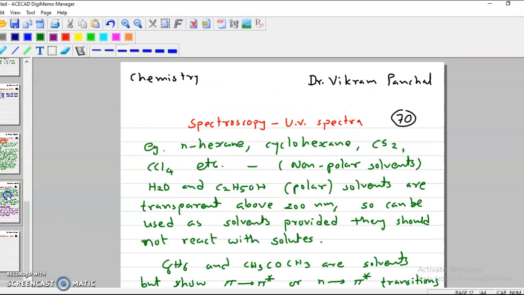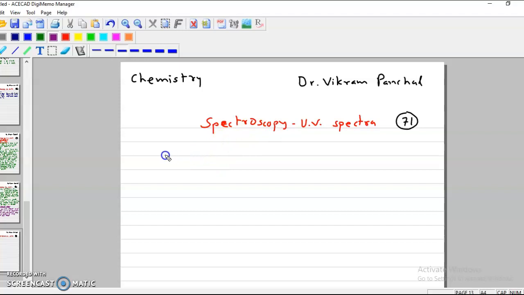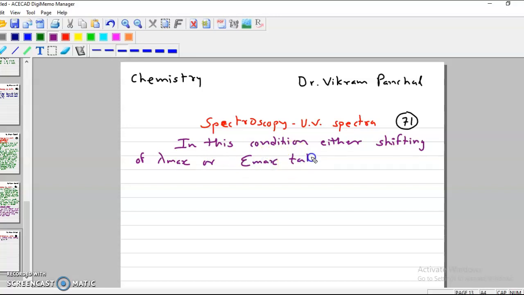So when they interact with organic compound, then in this condition either shifting of lambda maxima or epsilon maxima takes place.